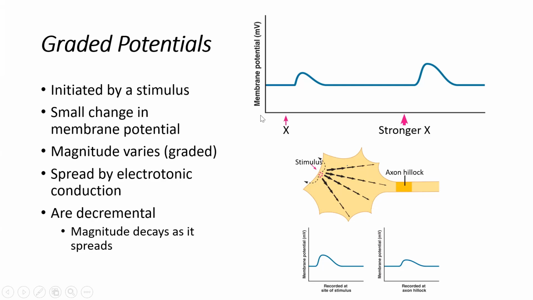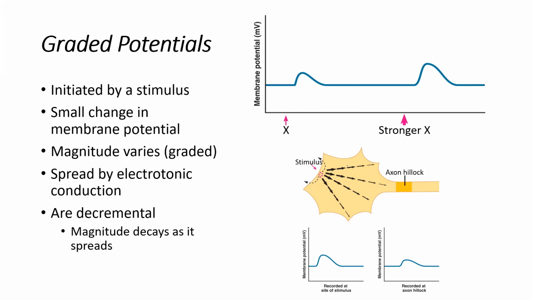So we've got the membrane potential here. We've got a small change in that potential, a positive membrane potential change. And then we've got a stronger change, right? Just showing you that this can be graded. It can be a small change, an intermediate change, a large change.